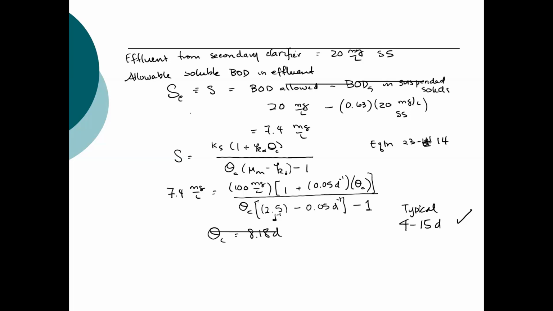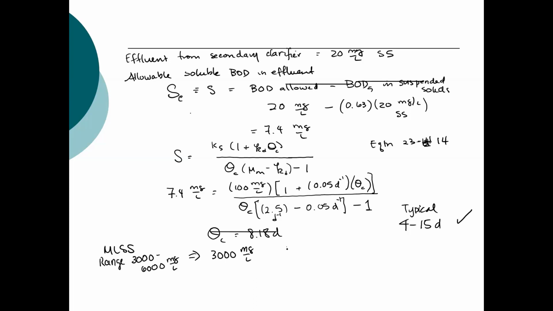Now, sorry, our MLSS should be in the range of 3,000 to 6,000 milligrams per liter. We're going to use a value of 3,000 milligrams per liter.